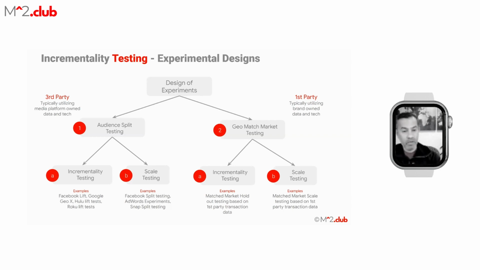You're having $50,000 a week going into Roku, right? And your question is, what is it doing for my business? Is it driving 5% of my business or 30% of my business? What is the Facebook media driving for me? What is Roku driving for me? Is it driving 1% of my business or 6% of my business? How much impact is it creating for me for the current levels of spend? That business question is answered via an incrementality test.